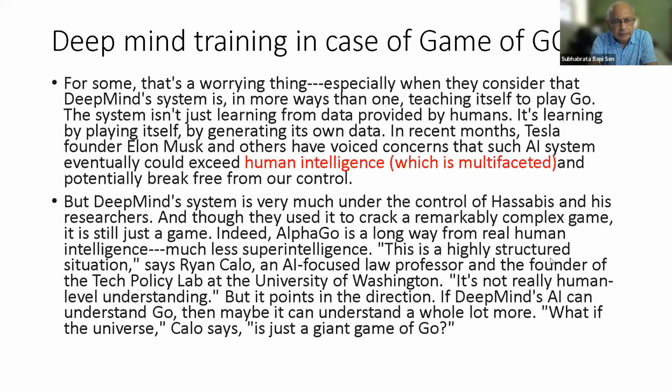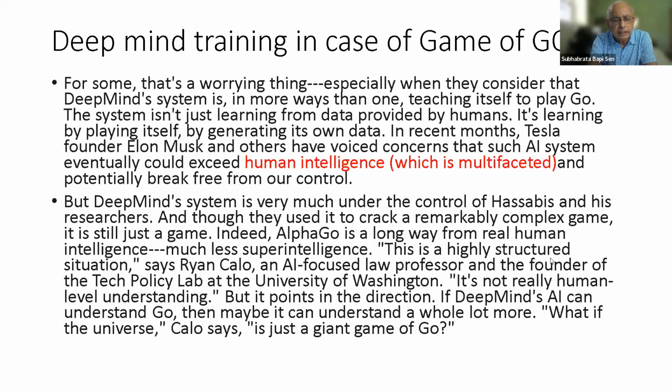But the DeepMind system is very much under the control of Hassabis and his researchers. And though they used it to crack a remarkably complex thing, it is still just a game of Go. Indeed, AlphaGo is a long way from real human intelligence, much less superintelligence. This is a highly structured situation, says Ryan Calo, an AI-focused law professor and the founder of the Tech Policy Lab at the University of Washington.